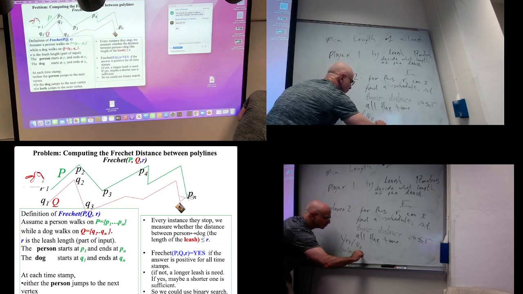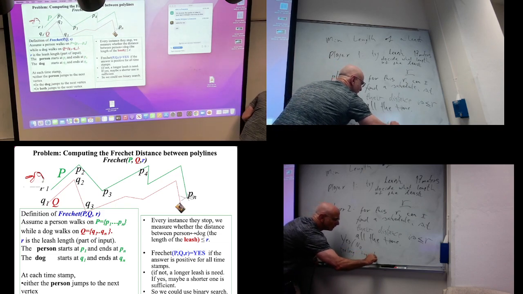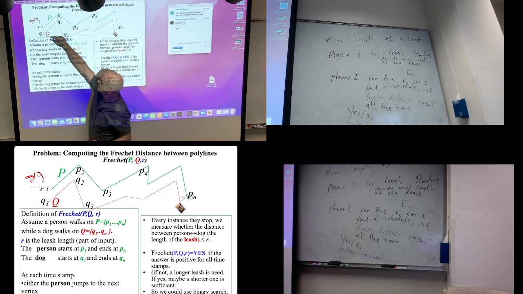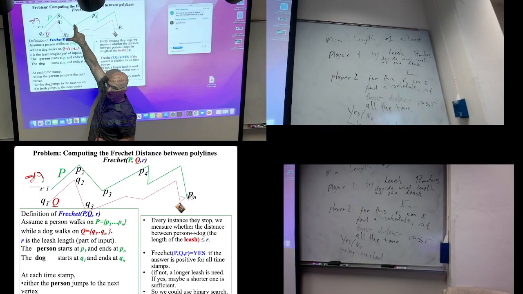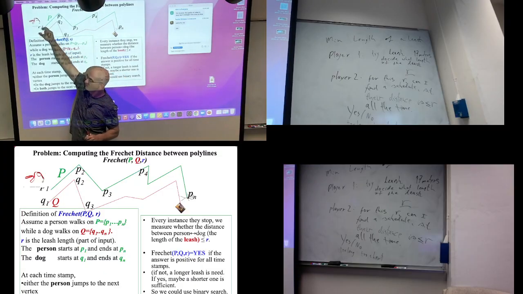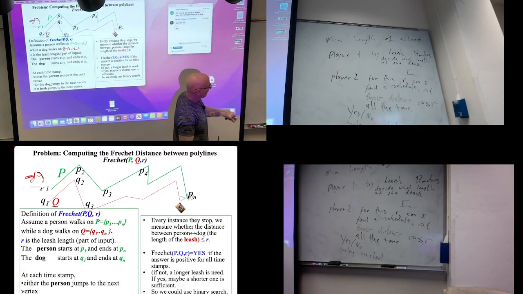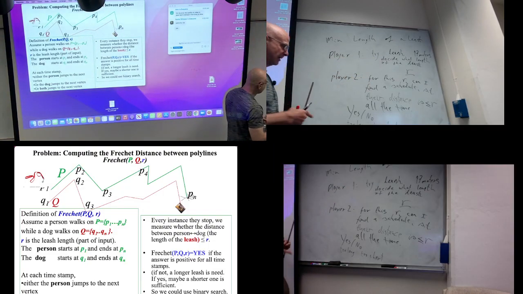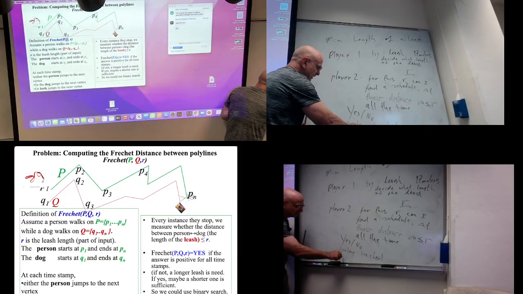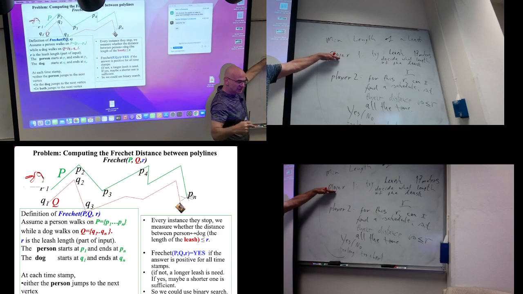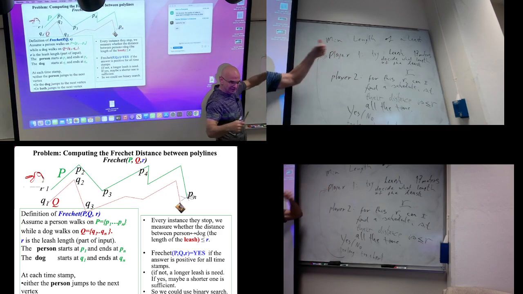I cannot find a schedule between them, because no matter which schedule I pick, there is some point here and some point here that are just too far apart for the given length of the leash. You said that I should try 17 meters, 17 meters is not enough. Then player two just says yes or no, and then it's the job of player one to try again with a leash that is either longer or shorter. So it's binary search on the length of the leash.